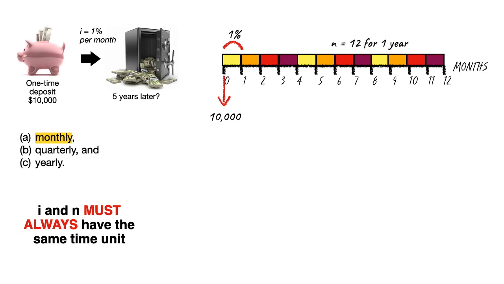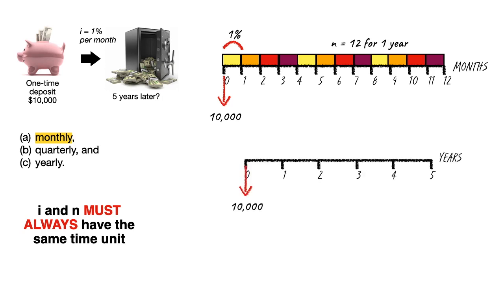Now let us extend our timeline up to 5 years. Why 5 years? Because we want to know the value for 5 years. So at year 0, there is a one-time deposit of $10,000, and then we want to calculate the future worth at year 5. Now we know that for 1 year, there are 12 blocks.